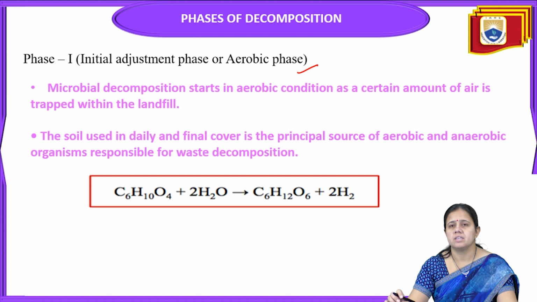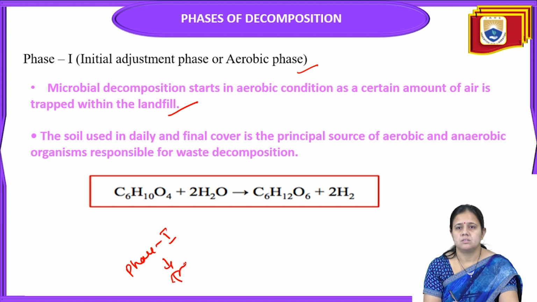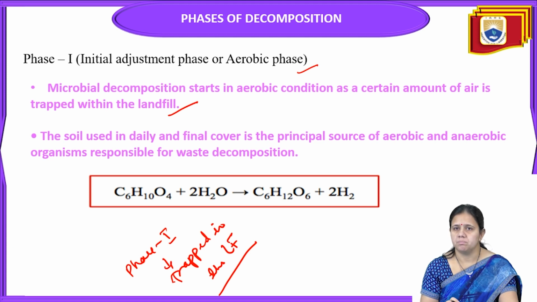In phase 1, that is the initial adjustment or aerobic phase, the microbial decomposition starts in aerobic condition with a certain amount of air, which will be trapped within the landfill.